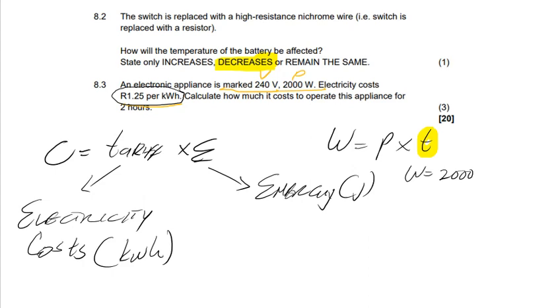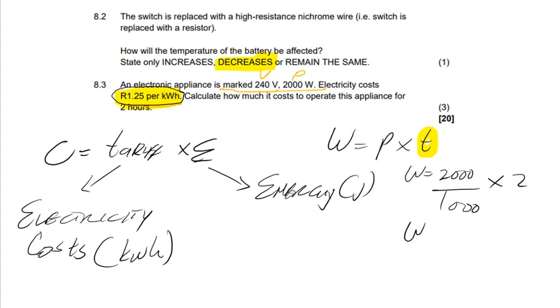I don't have to write 2000 because already a kilo is 1000, so you divide that by 1000. So you just write times 2 hours. Even this one is kilowatts per hour, so it's 1000.